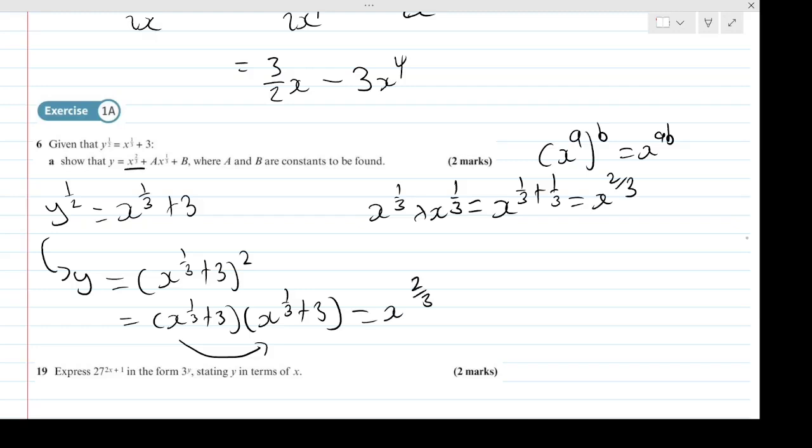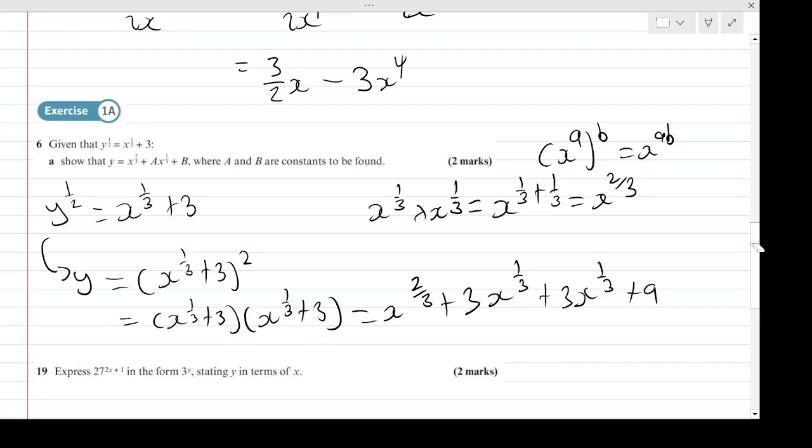And that's great. We're off to a good start because it says our answer has to involve x to the 2/3. Now let's deal with the second term. That is times x to the third plus 3. That's going to be plus 3x to the third. And then I'm going to deal with the 3 times another x to the third. And then to finish off, we have 3 times 3, which is 9.